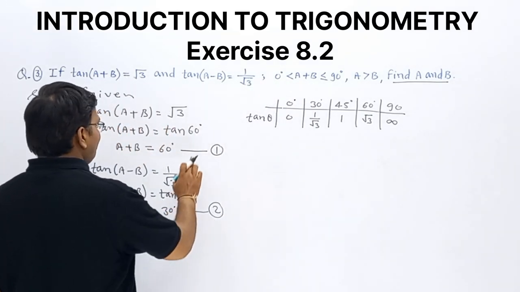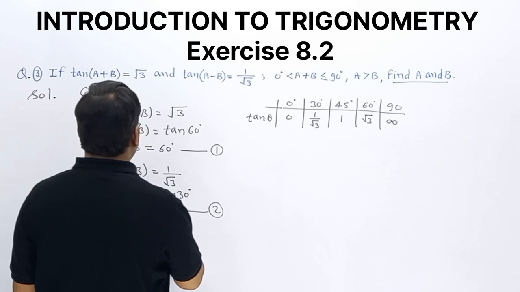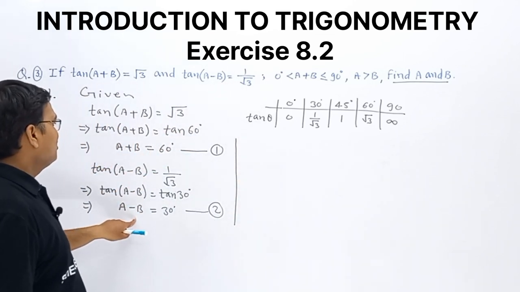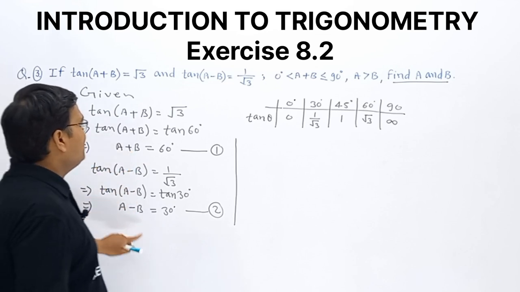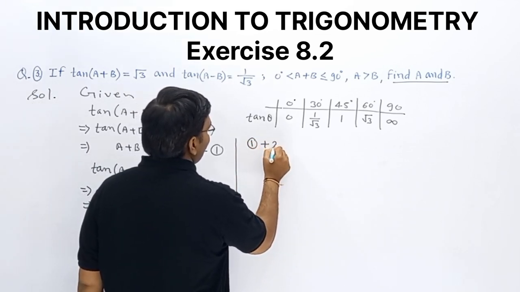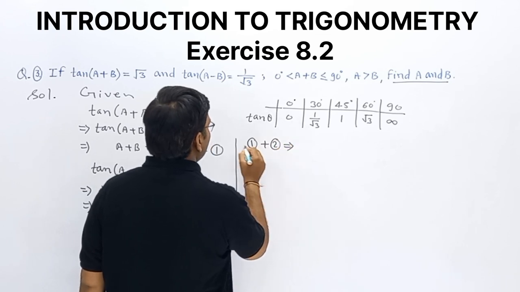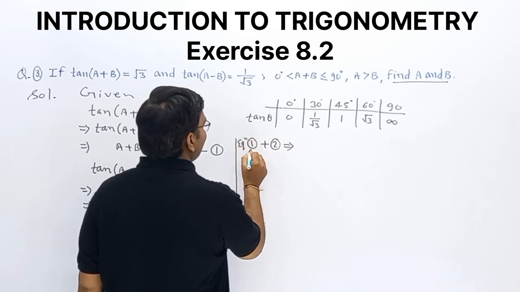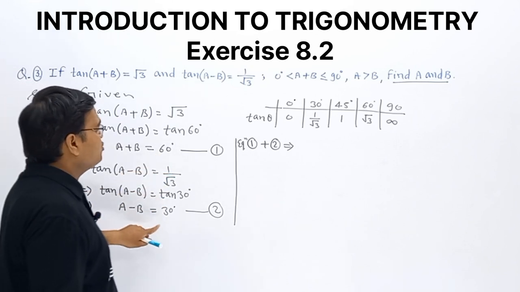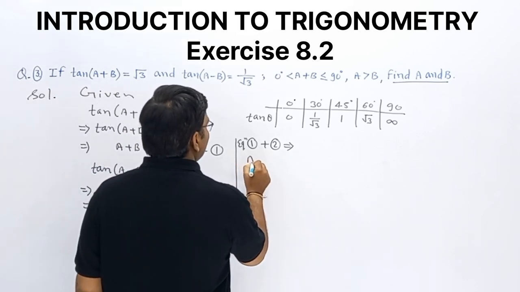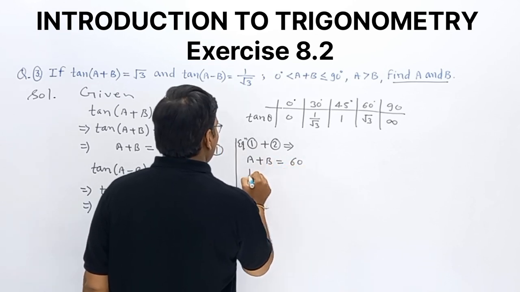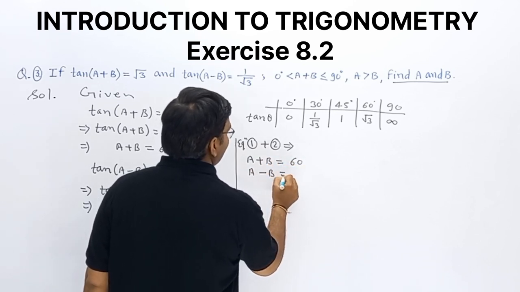How? Now first and second, once we observe, this is 1, this is 2. Once we add both, equation 1 plus equation 2. What I am doing? Equation 1 plus equation 2. Once we add both, then we can say A plus B equal to 60 degree and A minus B equal to 30 degree.